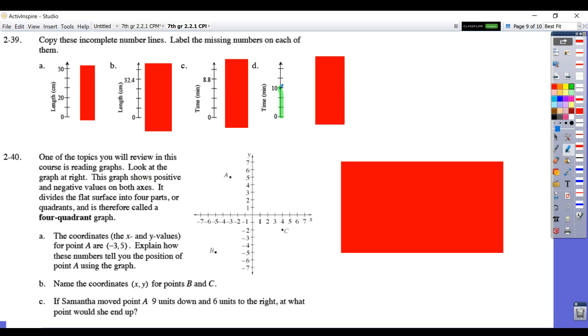Well, 10 divided by 3, of course, is not a really great number. It's a mixed number, or it could be a repeating decimal. So when you do that, you're going to want to keep that in mind, okay? So what you're going to have is 3.3 repeating for your tick mark right above the 0, or 3 1/3 would be fine. And then 6.6 repeating, or 6 2/3.